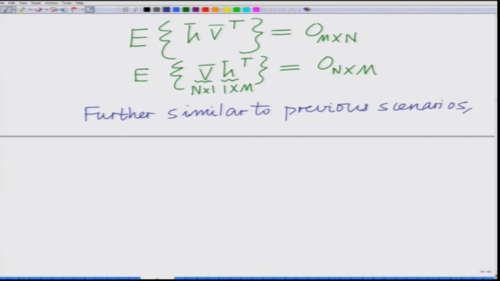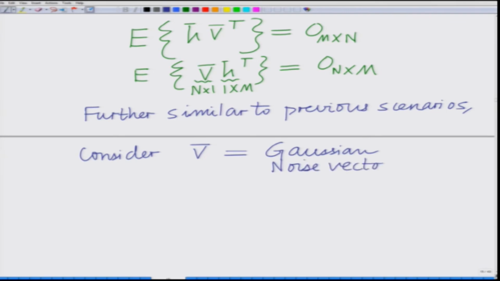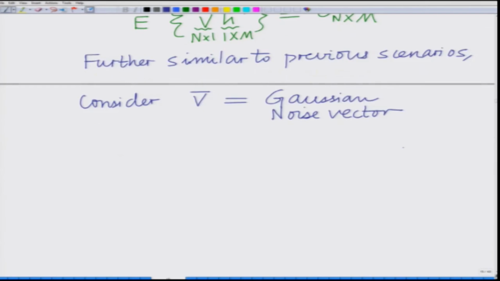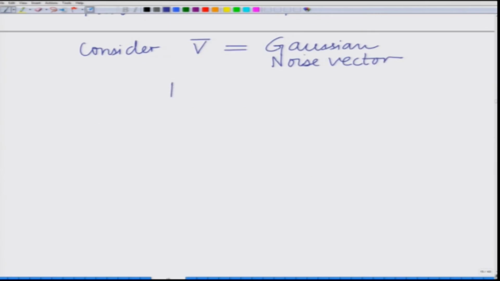V bar equals a Gaussian noise vector with covariance expected value of v bar v bar transpose equals sigma square times identity.